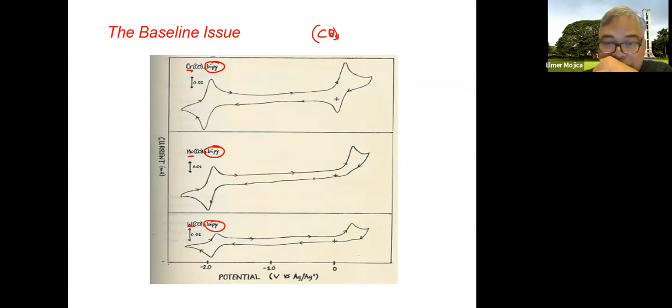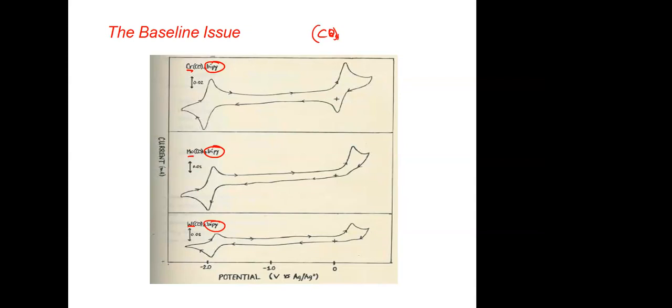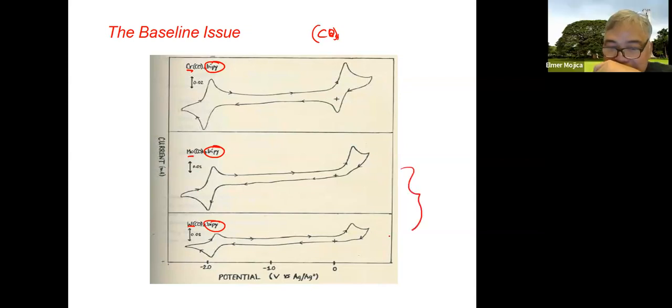Now, which one is almost the same? Tungsten and molybdenum. Ito yung almost the same. If you're going to look at this, they're almost the same. Now, what is the one that is being different? Is this one.